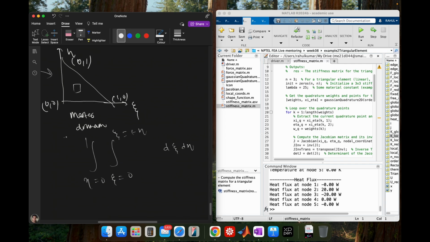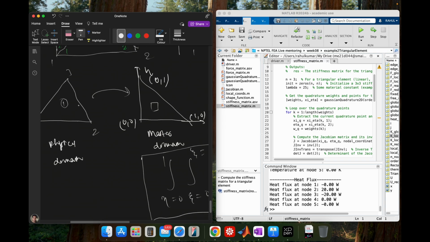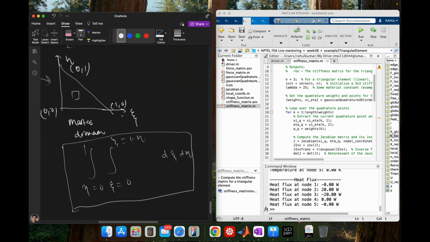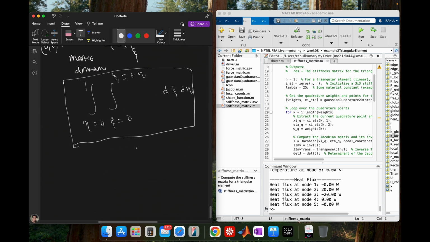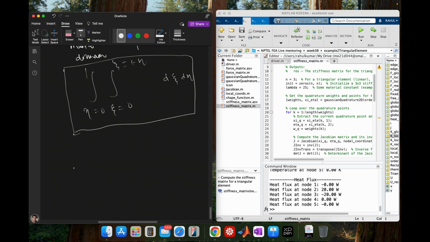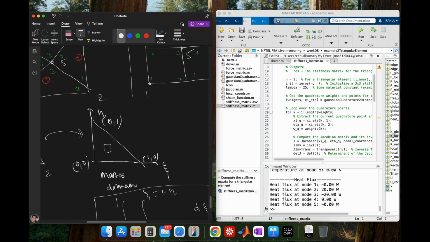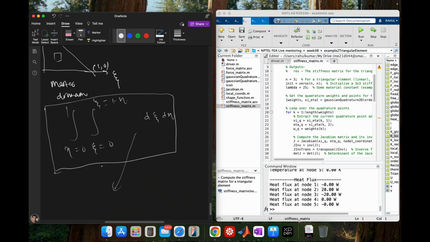Every time we have to do this double integral, and for every triangular element we have to do the same integration. But we have one very advantageous thing when you do the Gaussian quadrature: for every element, whatever the integrand is, we have to do only this kind of integration.